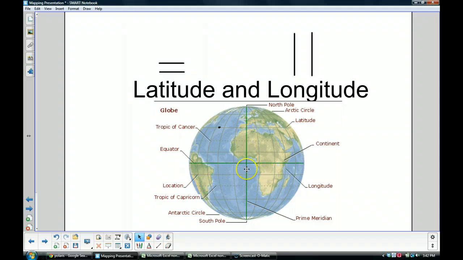And the prime meridian runs right through a place called Greenwich, England. And that's where the first cartographers, the first map makers, started. As the world was being colonized by the Brits, they had to know where to send their ships and how people were traveling over the oceans.